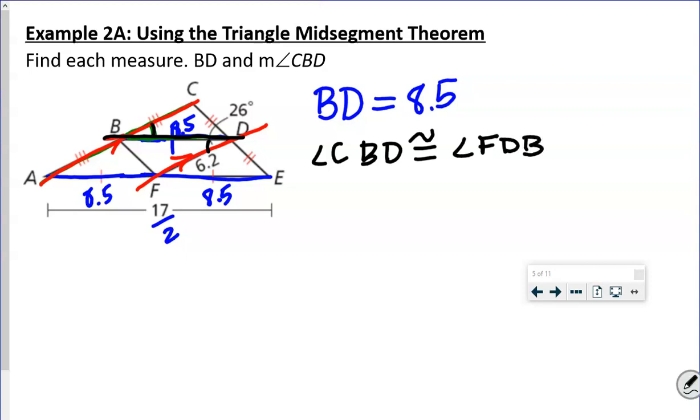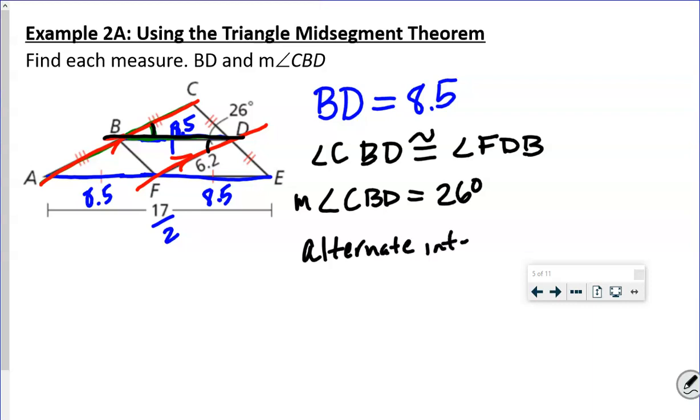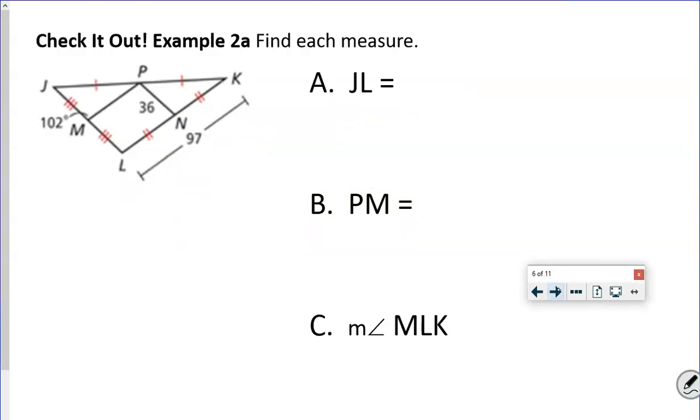That means the measure of angle CBD is equal to 26 degrees, and that's true because they are alternate interior angles. All right, the next one says check it out. So example 2A, find each measure. Go ahead and pause the video, and come back to me when you're done.